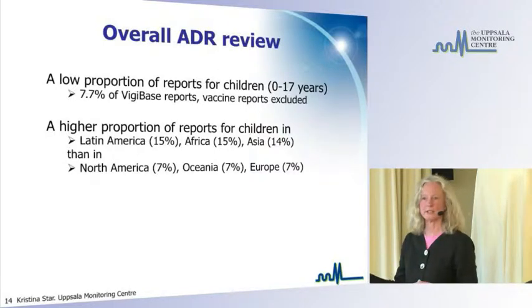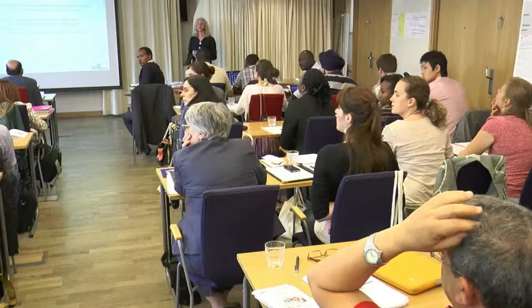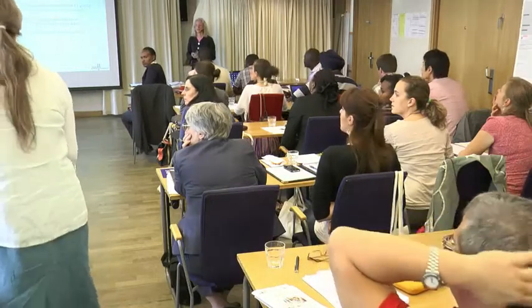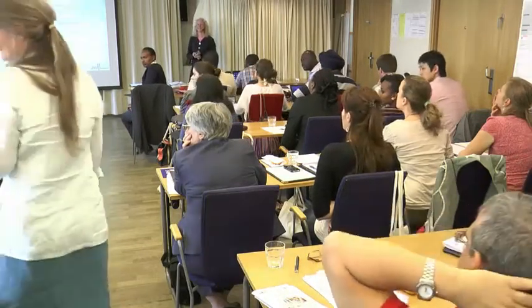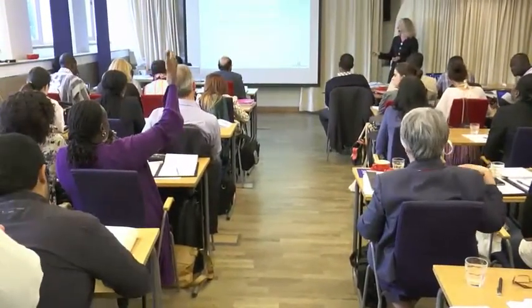I think most of these continents are represented, isn't that right? Yes. The population of adults versus the children. Does it reflect, for instance, the number of children in Africa versus the adults? Is it 15%?